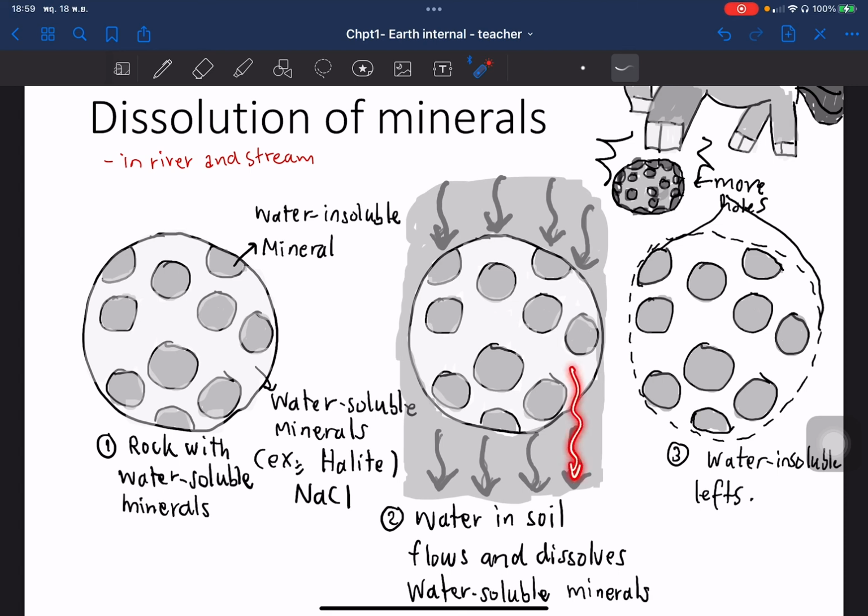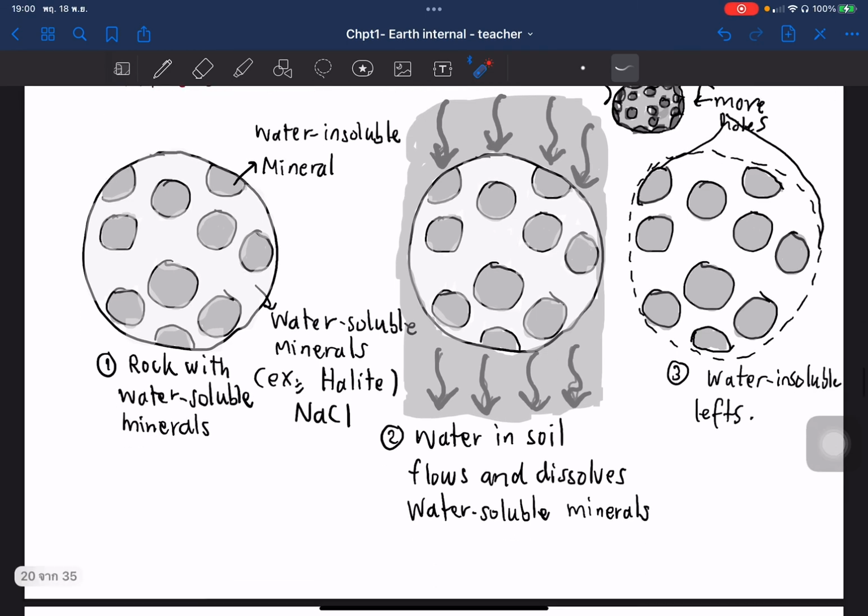So you will lose mass from the rock. When animals and even humans pass through this area, they will exert force on the rock, so the rock will break into small pieces this way. This dissolution of minerals may occur very near a river or stream.